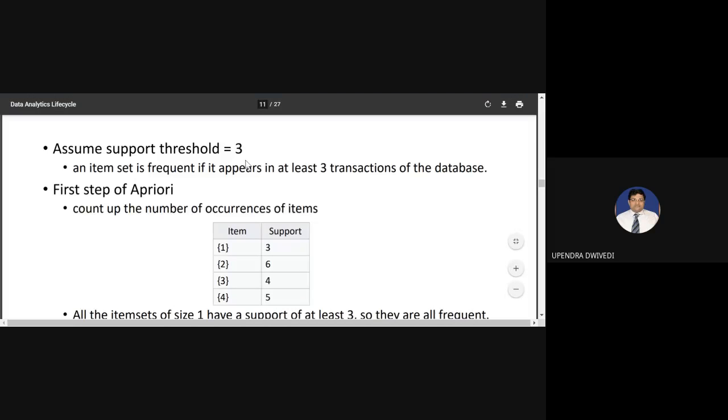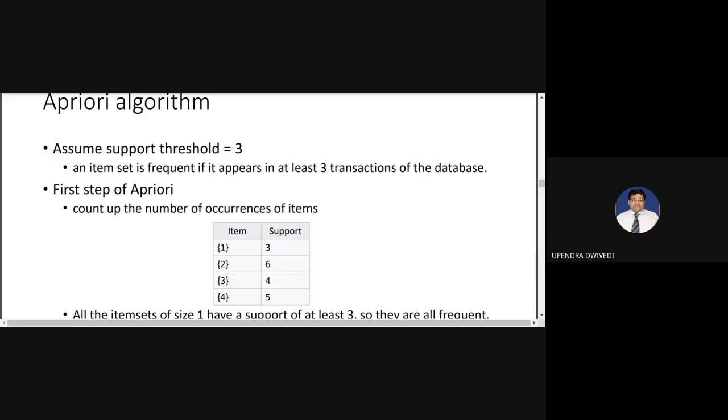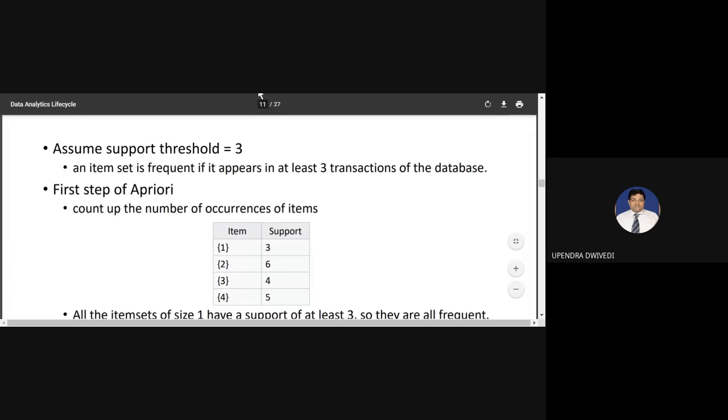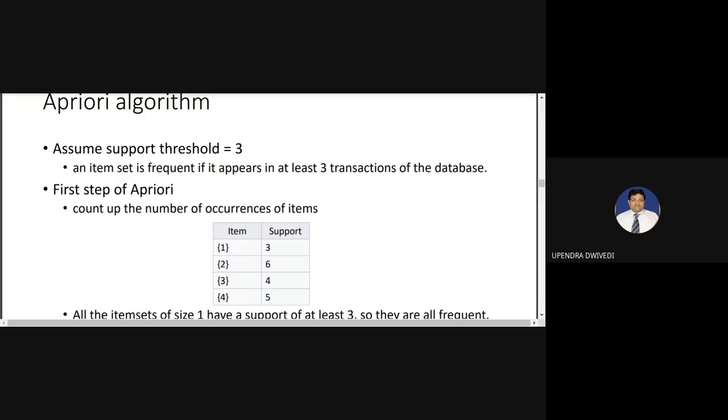You can take 2, 3, 4, or 5, depending on your problem. With a support threshold of 3, we are making sure that any item set that occurs at least 3 times is counted as a frequent item set. Otherwise, it will not be considered frequent.